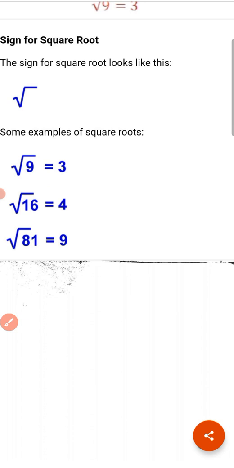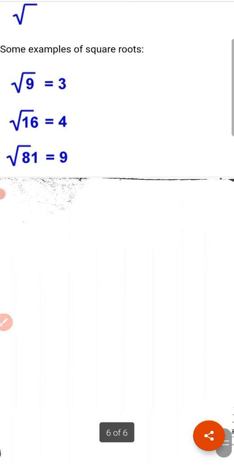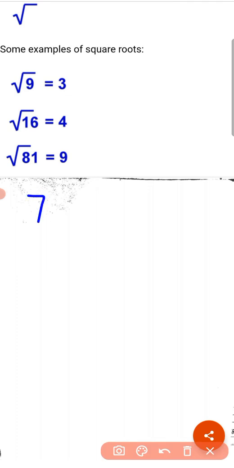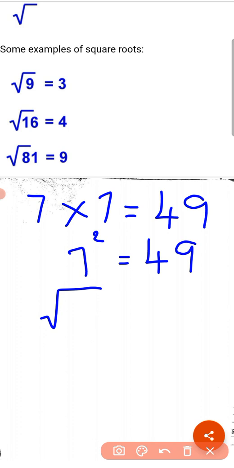Let us do more examples, children. 7 multiplied by 7 is equal to 49. We are squaring the number 7. That is, 7 squared is equal to 49. So what is the square root of 49? Square root of 49 is 7.